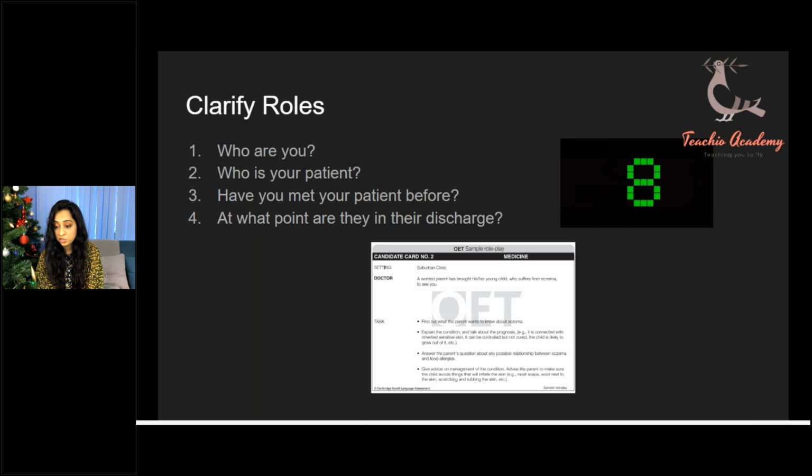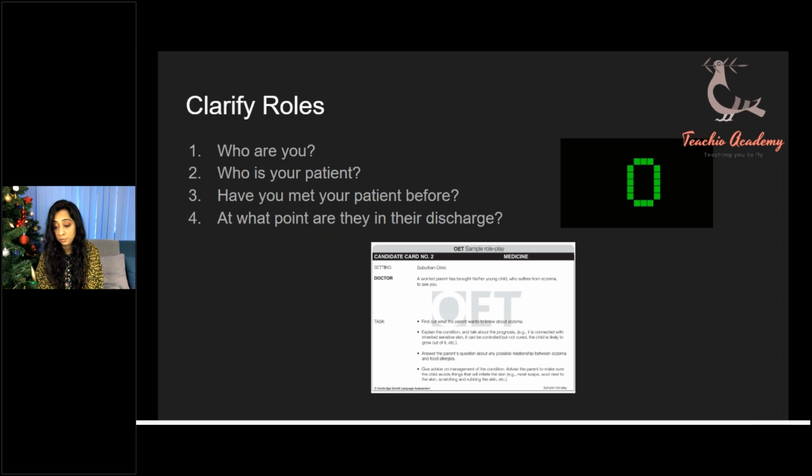The question is, guys, you've got a patient who is admitted in your ward, and now they're getting discharged today. What I want everyone to do is type into the chat window how you would introduce yourself to this patient.